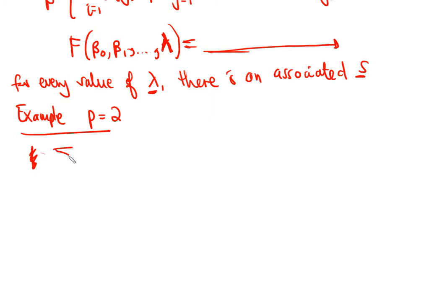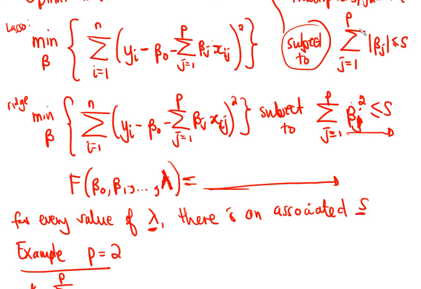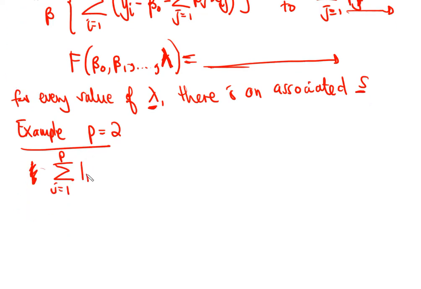Minimize this subject to the constraint. Let's look at the constraint. So the constraint is the summation of the absolute value of bj is less than or equal to s. With p equal to 2, it means the summation of j equal to 1 up to 2, which means the modulus of b1 plus the modulus of b2 should be less than or equal to s.